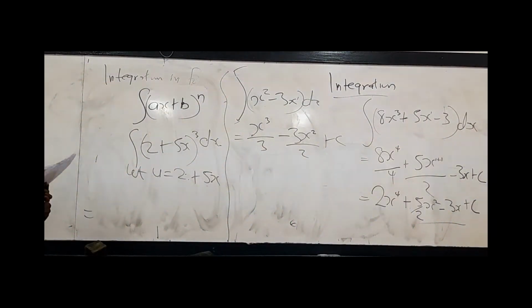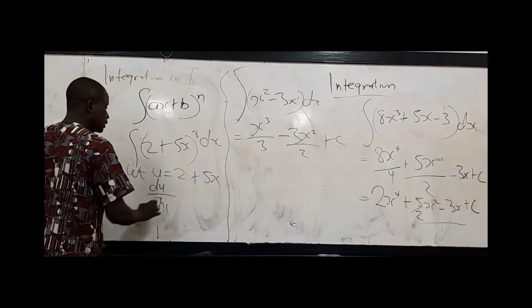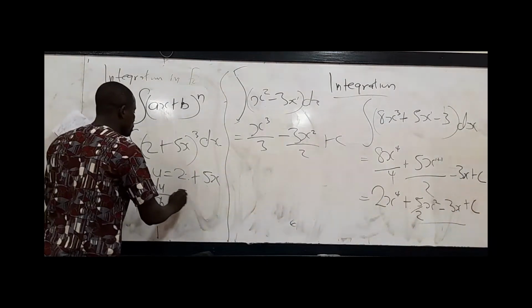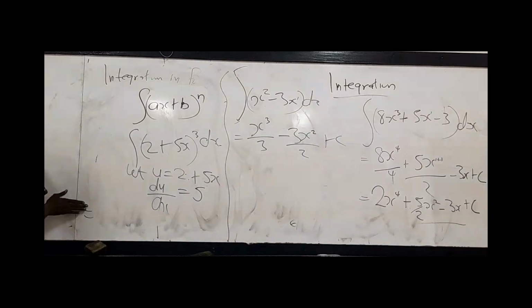So if that's the case, then du dx is equal to 5. Now from here, can we make du the subject and dx the subject? Yes.